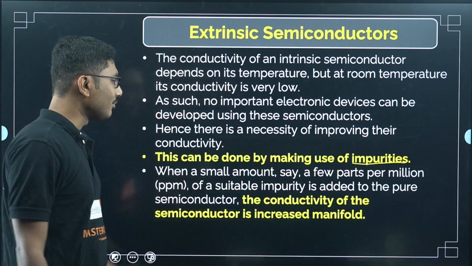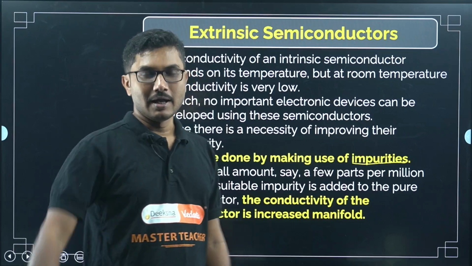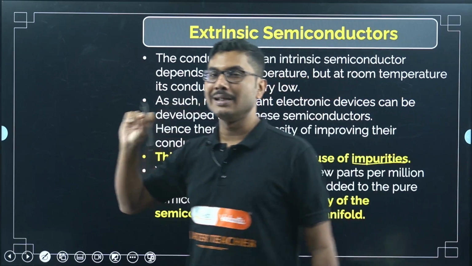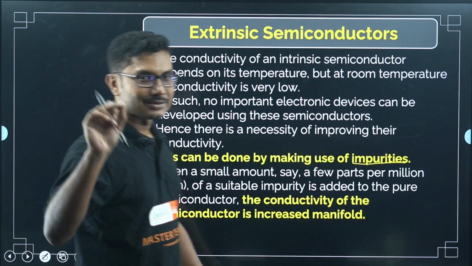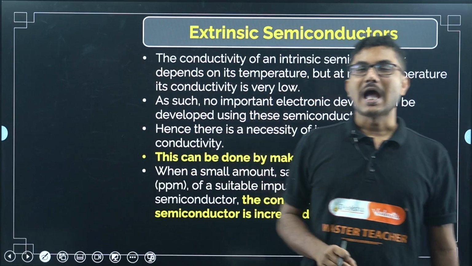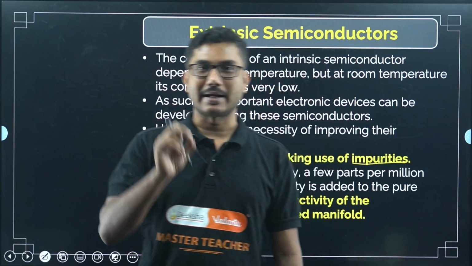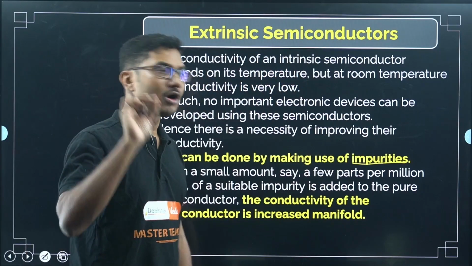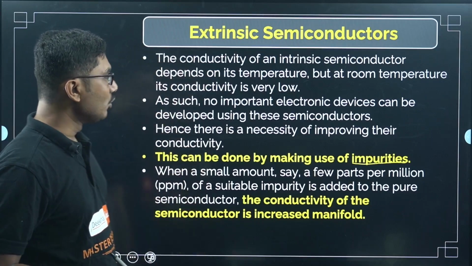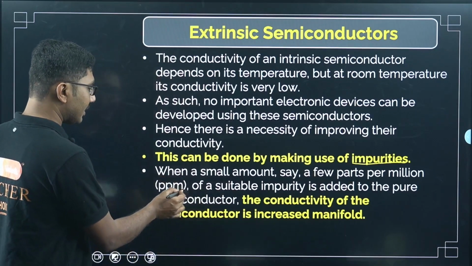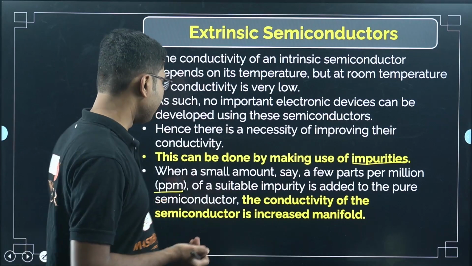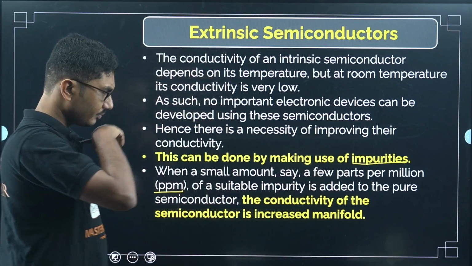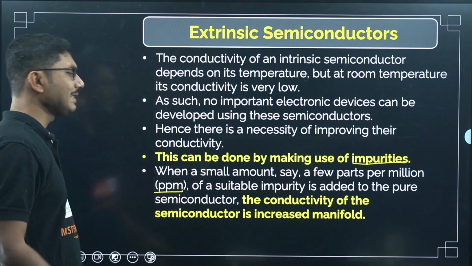Without impurities, a semiconductor has no meaning. Right? So a small amount, say a few parts per million. 1 million means 10 lakhs. So suppose there are 10 lakh atoms and you add 2 or 3 impurity atoms; that is the level of impurity we are talking about. You may have heard the term ppm, which is very common in measurement. When a suitable impurity is added to the pure semiconductor, the conductivity increases many-fold.